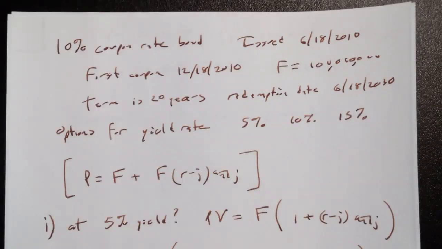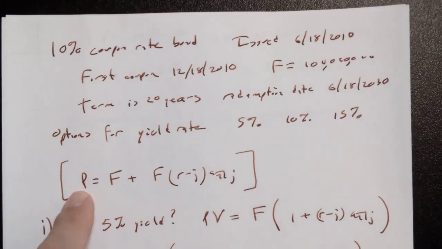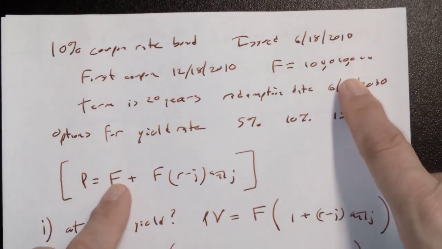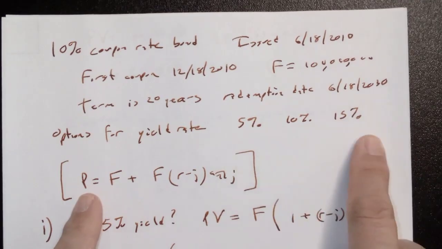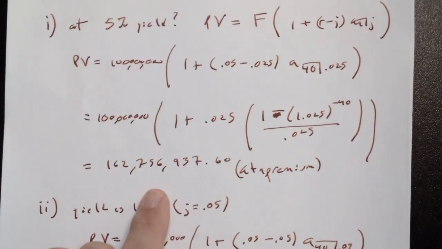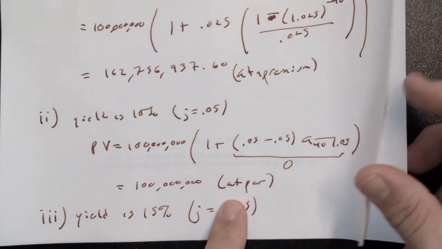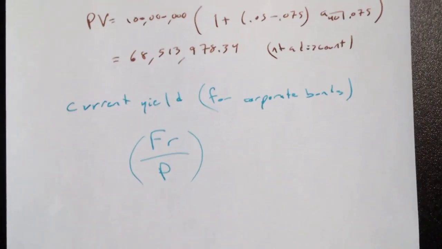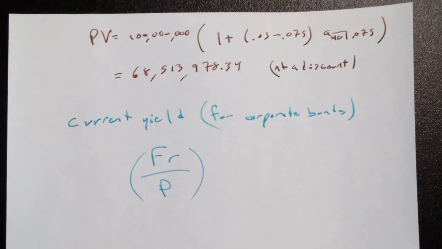So this was our example bond from Thursday. And we had pricing based on face value of $100 million, and we had options for the yield rate. And so we said that this bond was purchased at a premium, this bond was purchased at par, and this bond was purchased at a discount.